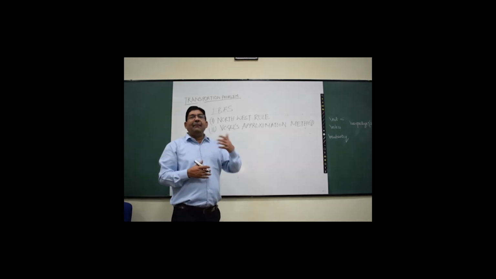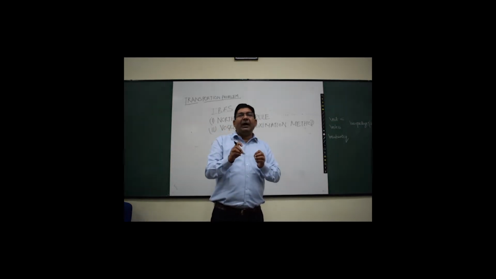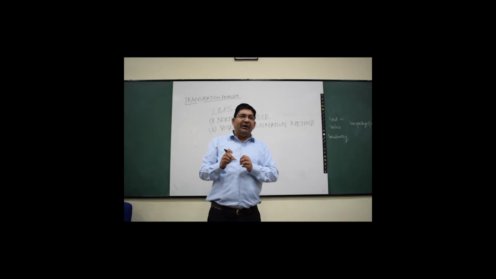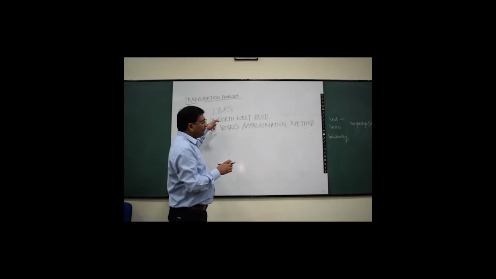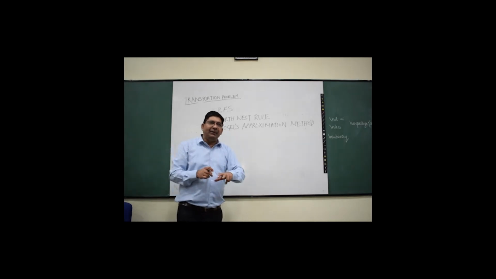I'll take an example and tell you how to find the initial basic feasible solution with the help of the northwest corner method or Vogel's approximation method with the same example.